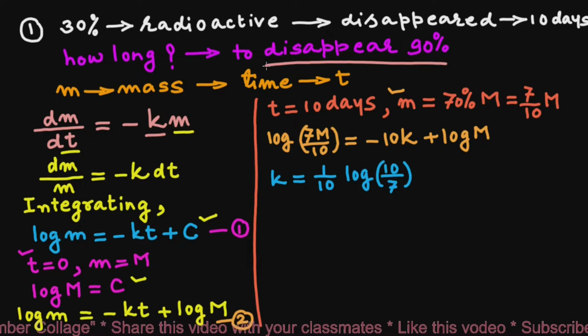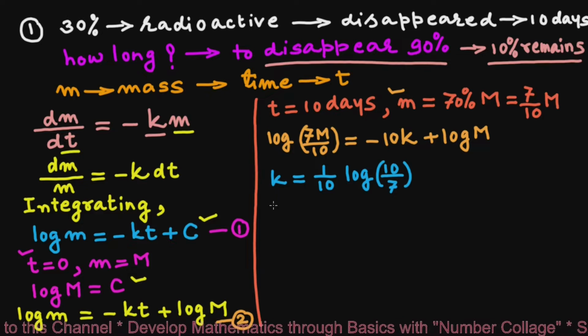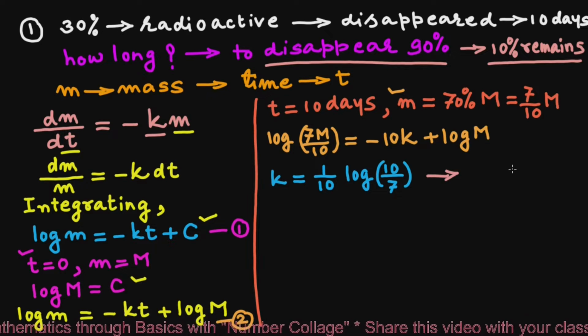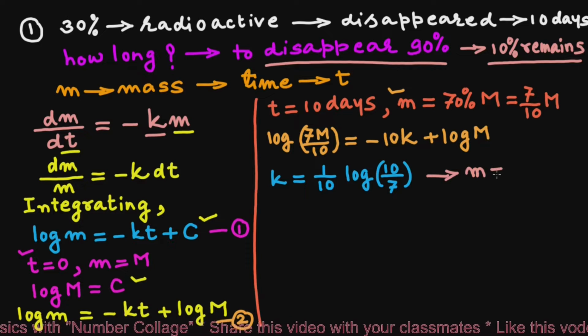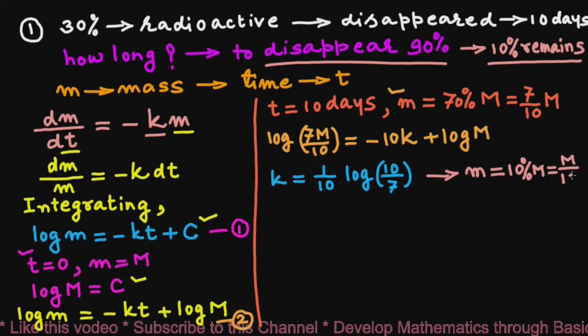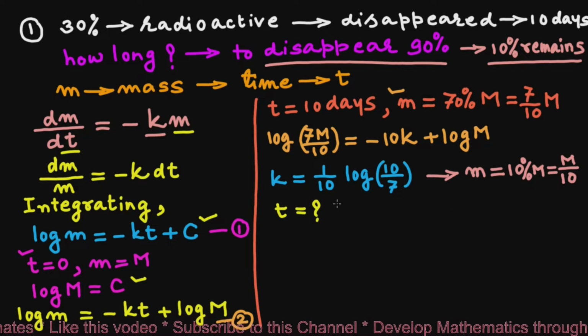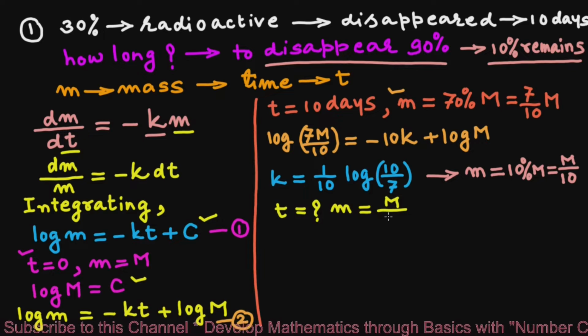When 90% disappears, 10% remains. So in the next step, small m will be 10% of M, that will be M/10. Now we have to find t when m is capital M/10.